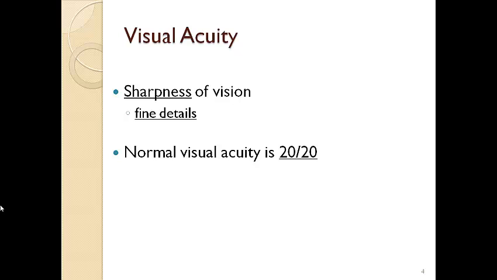So what this means is that the normal visual acuity of a person who does not have any kind of eye problems is 20/20, or in some areas it's also called 6/6 vision. So it basically means that a person can see details from 20 feet of distance, so it's fairly sharper to them as compared to somebody who has vision problems.